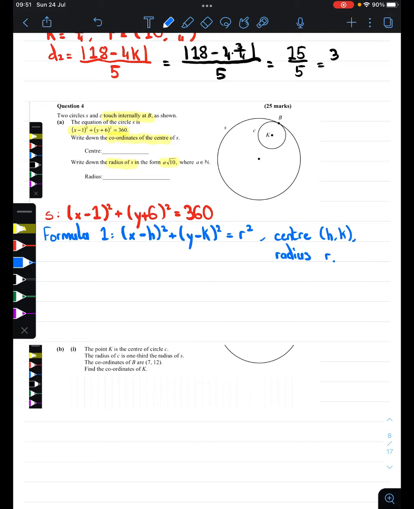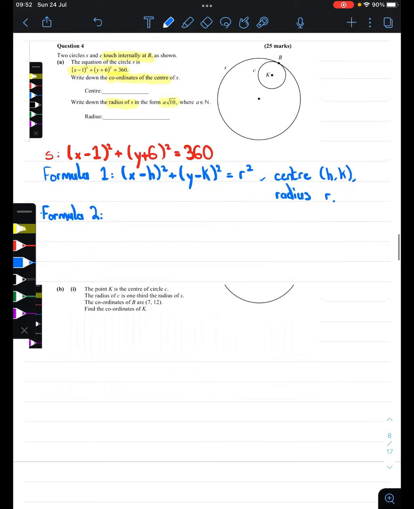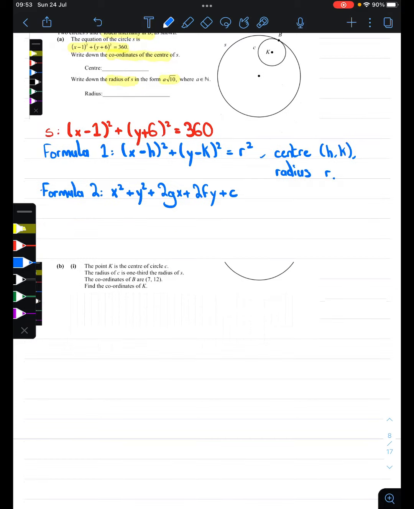And then our second formula, formula 2, this is just from the log tables, is x² + y² + 2gx + 2fy + c = 0.